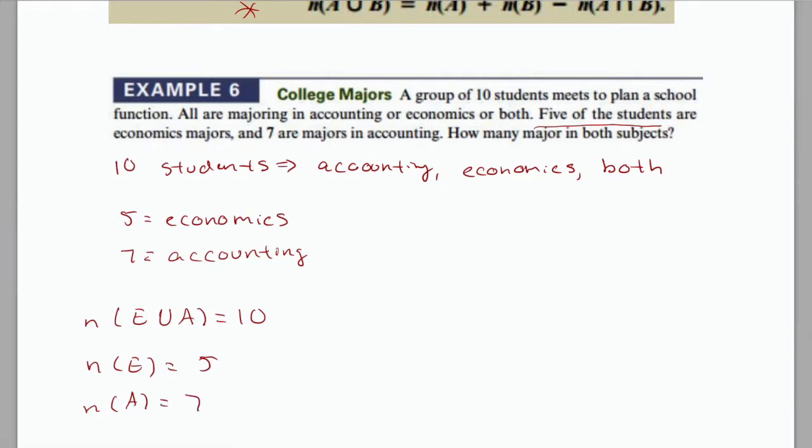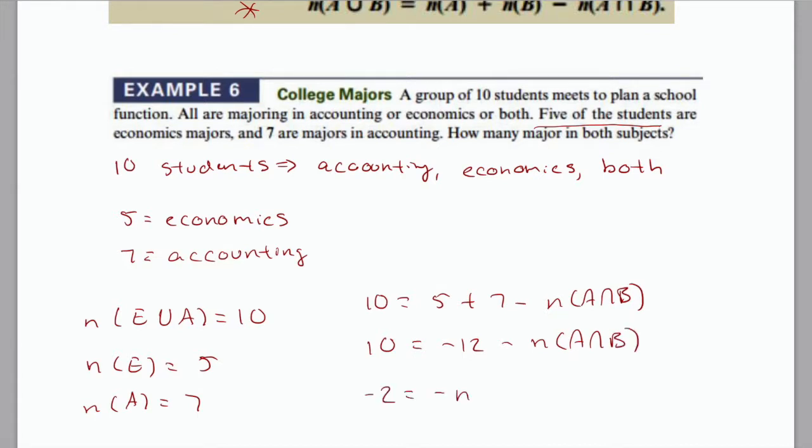Following the formula, we have 10 equals 5 plus 7 minus those who are majoring in both. So that's 10 equals 12 minus n(E intersection A), so the number in both is 2.